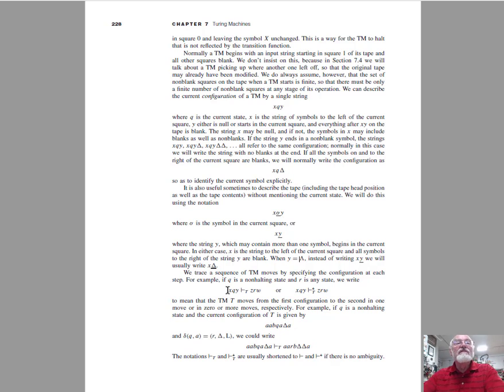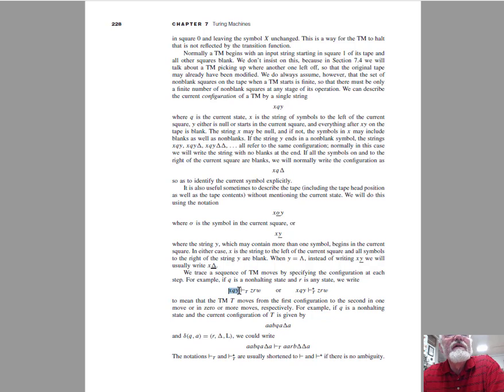So we're going to do some configuration specifications by saying this is what the configuration of the machine is. These are all the configuration ways of describing them. And we can say that if we are in state Q and it's a non-halt state, meaning it's not H sub A or H sub R, then we can write this, similar to notation we've seen in the past.